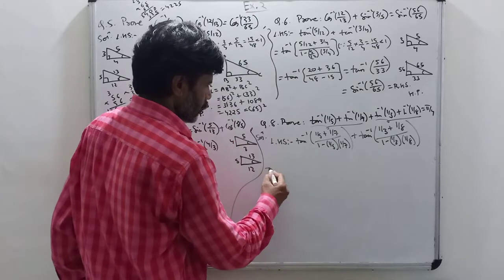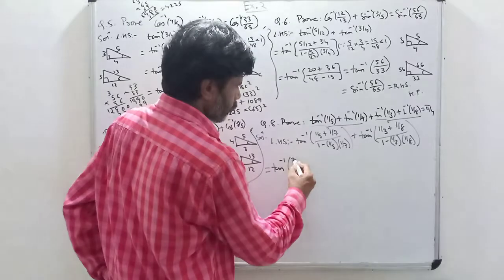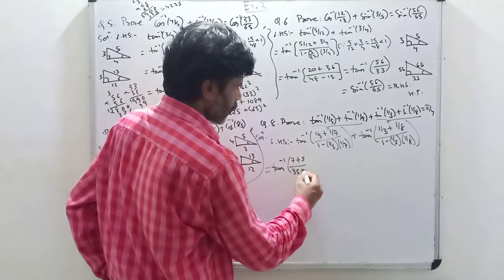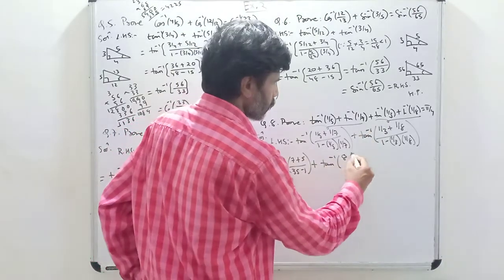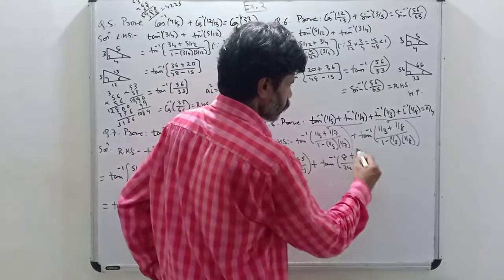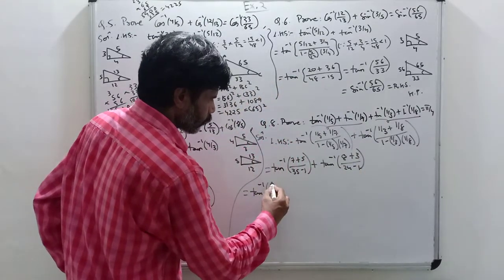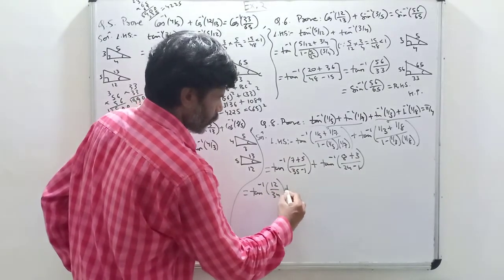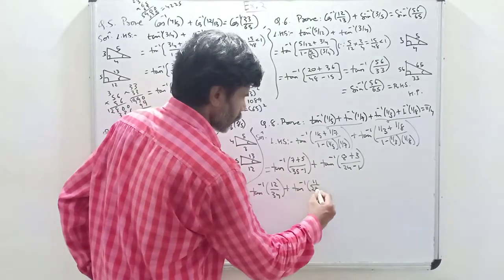That is equal to tan inverse of... we'll get 7 1s are 7 plus 5 1s are 5, upon 7 5s are 35 minus 1, plus tan inverse of 8 plus 3 upon 3 8s are 24 minus 1. So we are getting tan inverse of 12 by 34 plus tan inverse of 11 upon 23.